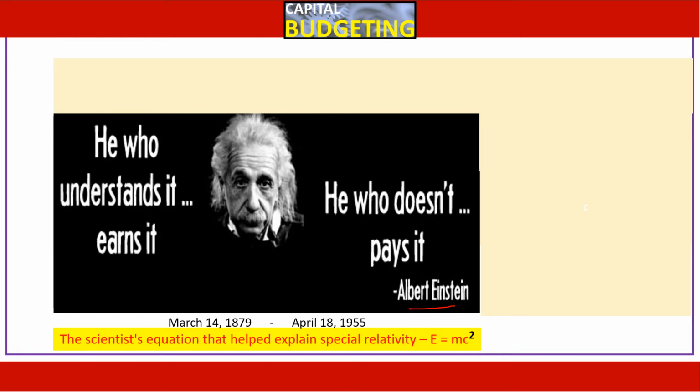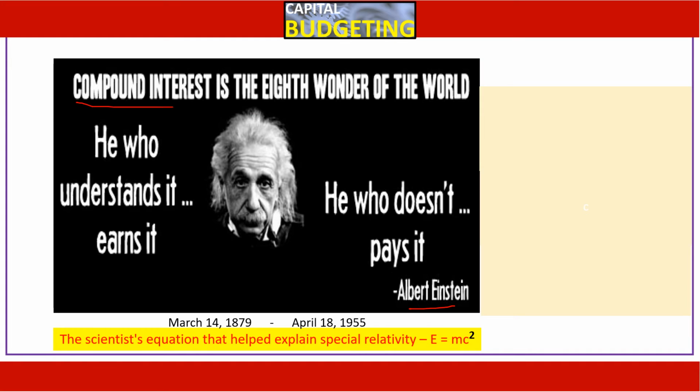Albert Einstein, and he was referring to time value of money, and his main reference was compound interest. Compound interest is the eighth wonder of the world. He who understands it earns it. He who does not pays it.